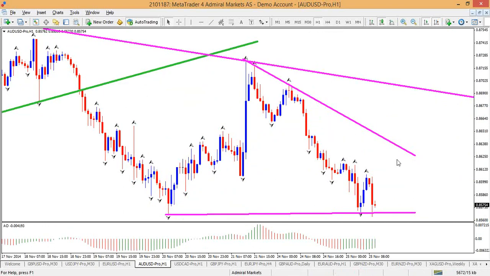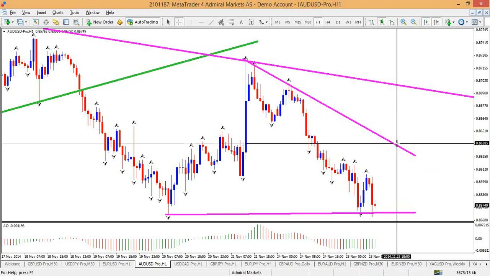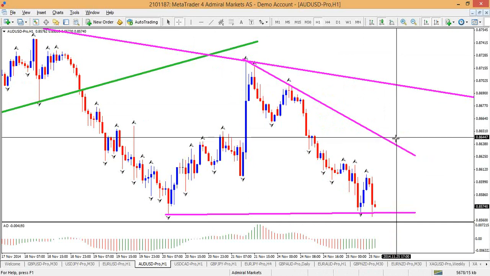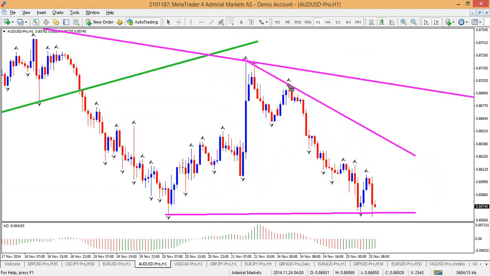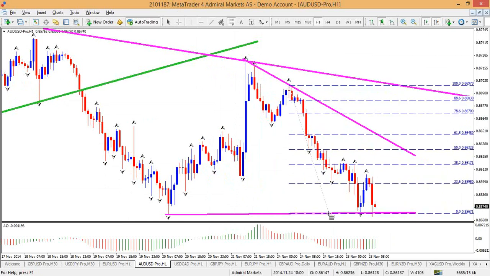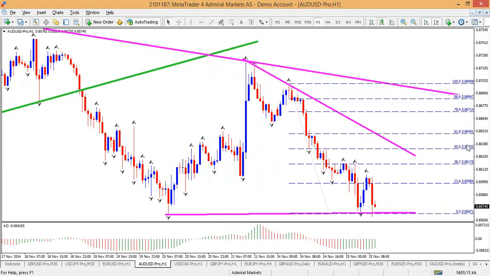This trend line here on the hourly chart, $86.40-ish. If we put a fib as extra confluence, 86.33 is the 50 fib. $86.20, so that's a 38.2 fib.